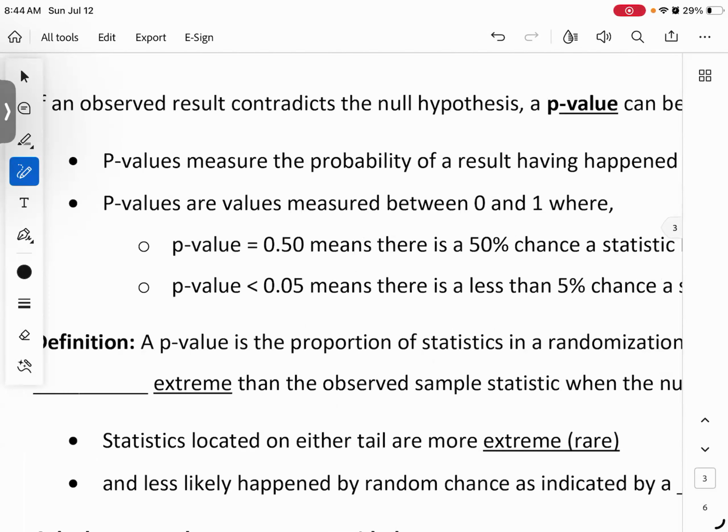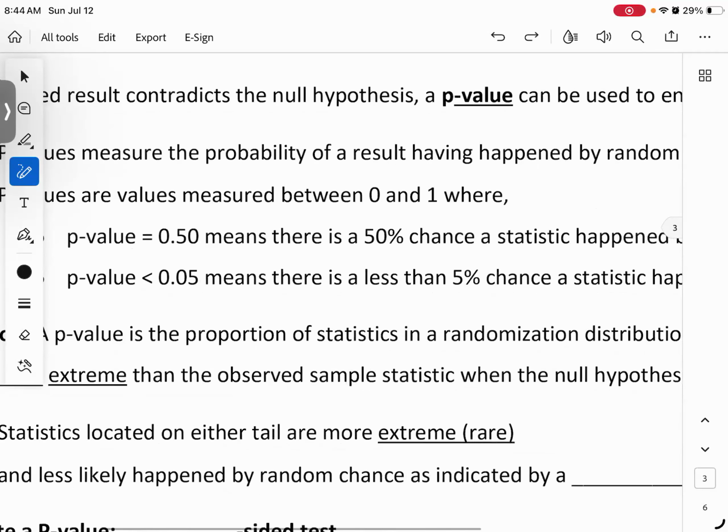Now, let's start off with just the middle p-value. In the middle is 0.5. A p-value of 0.5 would be like saying there's a 50-50 chance that it was a fluke or that it wasn't a fluke. So you're right in the middle. But if you have a p-value that is smaller than 0.05, and what's the 0.05 coming from? It's this.